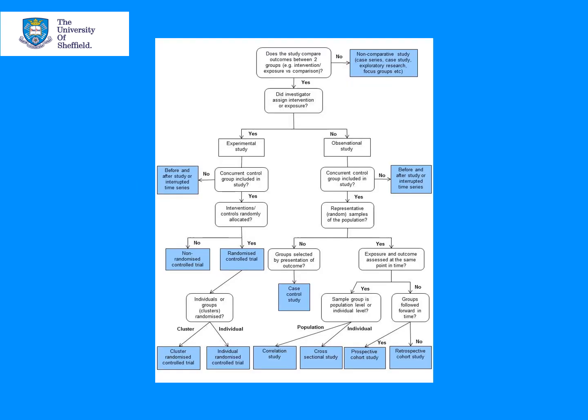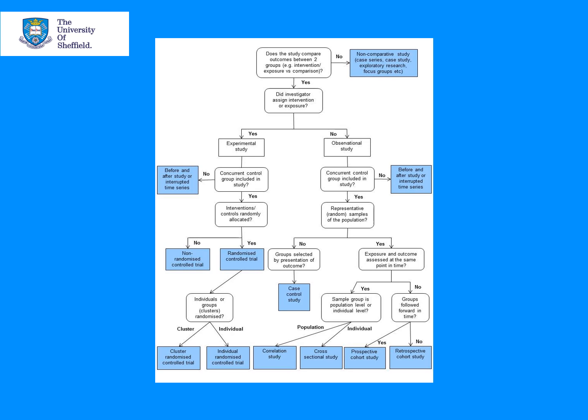So what sort of considerations do we think about when we're trying to assess whether we can believe the claims from a research report? Well, we start very clearly with some of the considerations of study design.